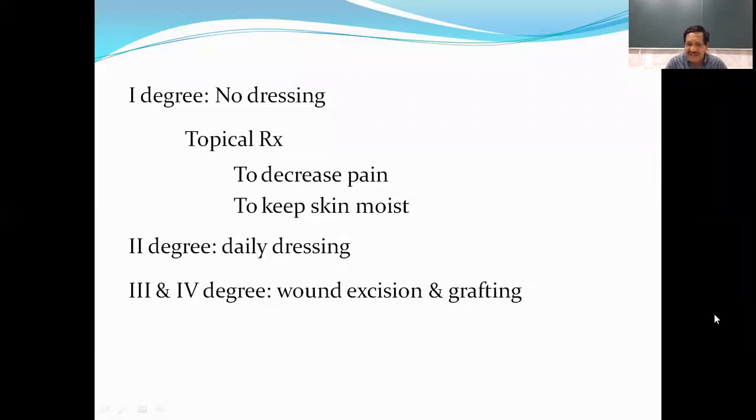For example, we have seen the face. Because of rich vascular supply, there is exchange of heat, so the face suffers a lesser degree of burns. You take the back, the skin is thick, the blood supply is just average. In those cases, they will have deep burns in the back.